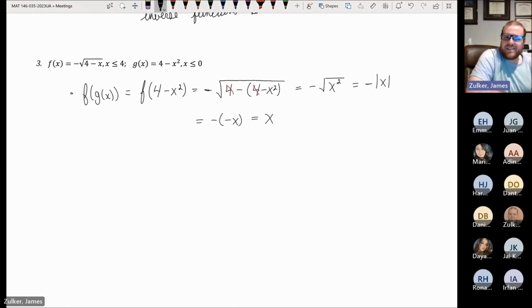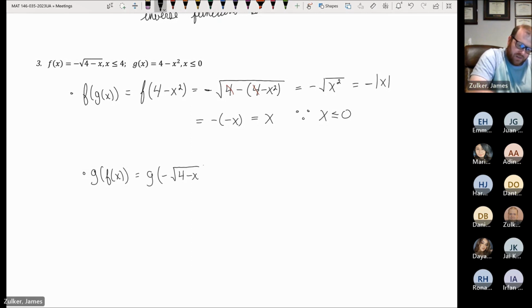That means the absolute value of x in this case is negative x. So we get negative negative x, which is just positive x. Now g of f of x. That would be g of negative root 4 minus x, right?